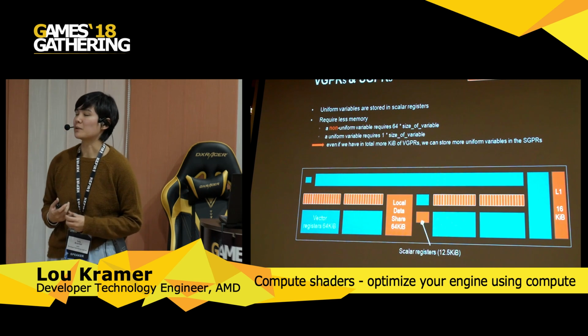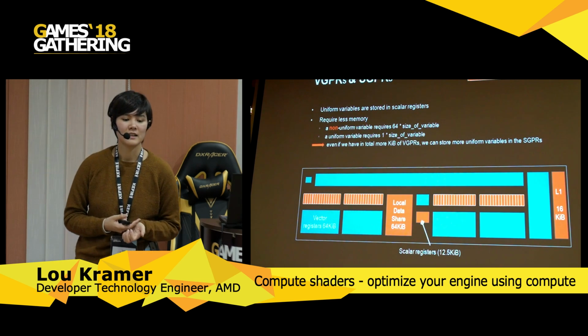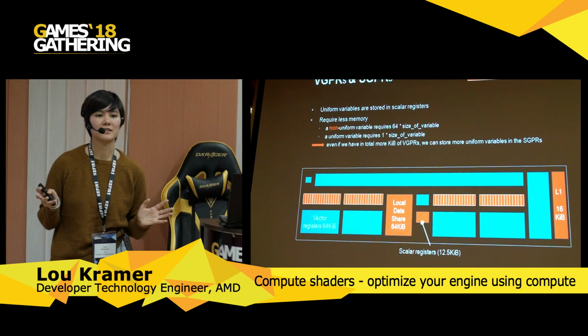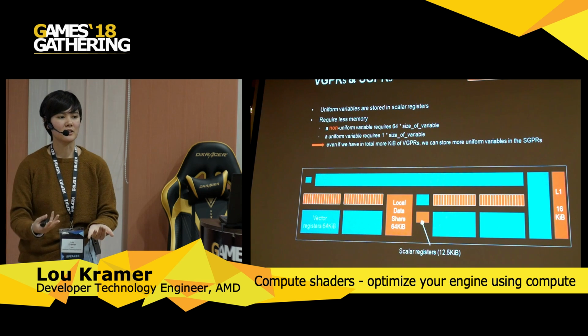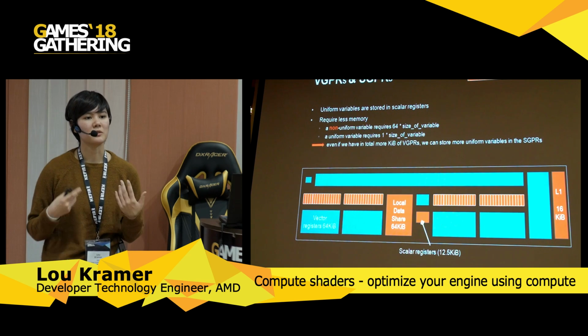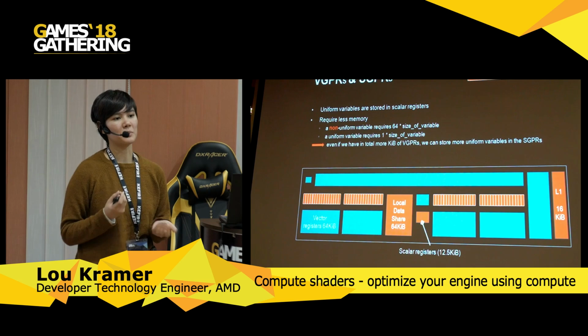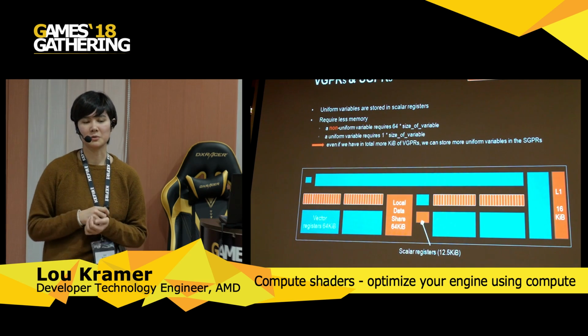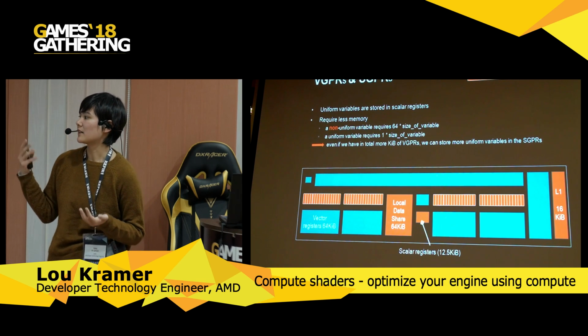Why do I note this here? What's important about this? Well, the thing is, if we have used all our registers, we can't schedule another wavefront. So just imagine one wavefront uses 32 kilobyte of VGPRs. Then we have the second wavefront, which also uses 32 kilobyte of VGPRs, and so on.